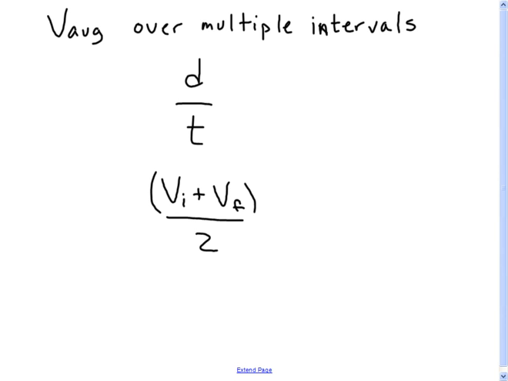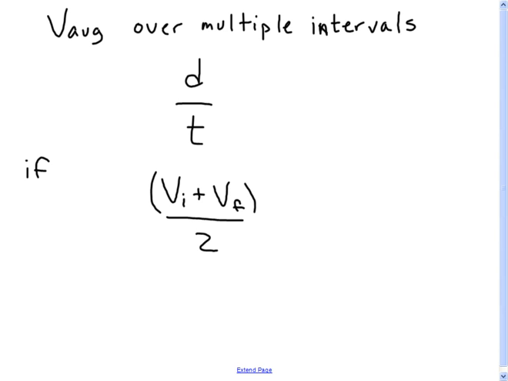Okay. Now, this one has a rule. The rule is if, what's true? It deals with how the object gets from the speed it starts with, VI, to the speed it ends with, VF.